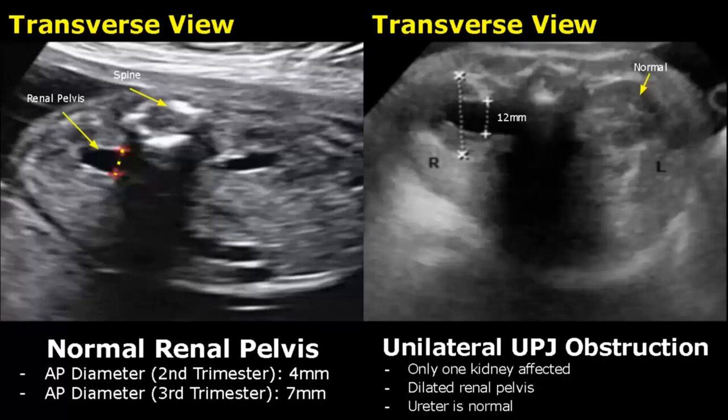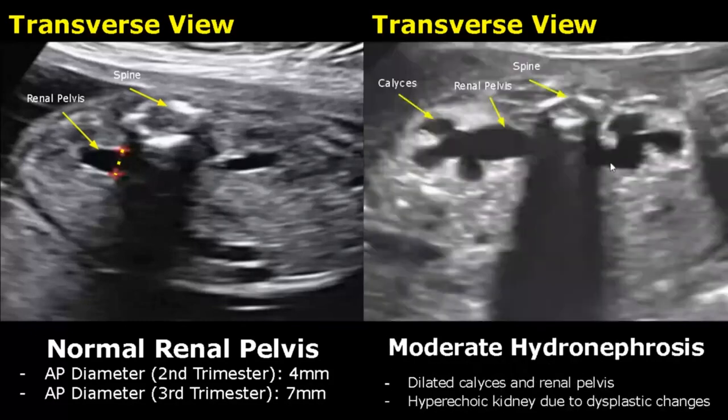We can also use the term hydronephrosis for a dilated pelvis and also dilated calyces. Here we have moderate hydronephrosis. We can see dilated calyces as well as a dilated renal pelvis on both sides.